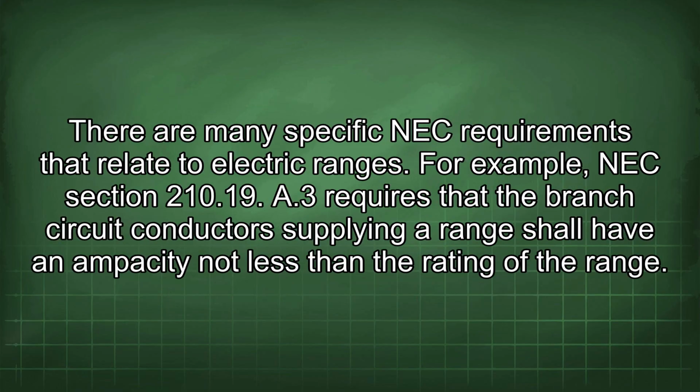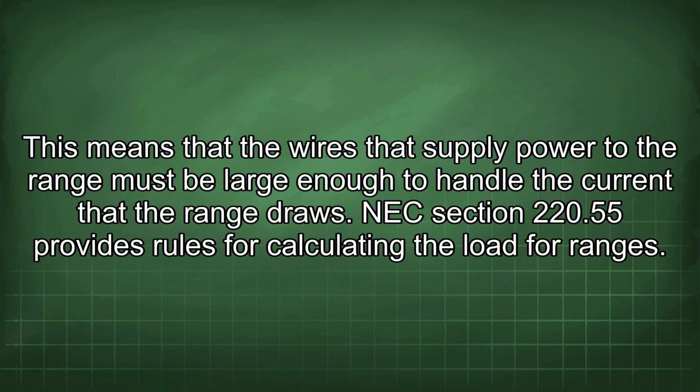There are many specific NEC requirements that relate to electric ranges. For example, NEC Section 210.19(A)(3) requires that the branch circuit conductors supplying a range shall have an ampacity not less than the rating of the range. This means that the wires that supply power to the range must be large enough to handle the current the range draws.